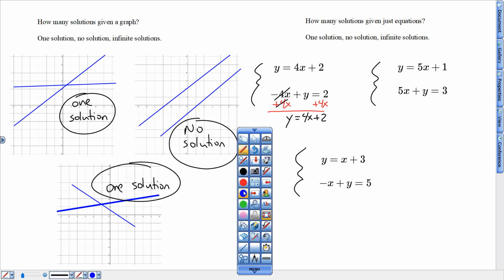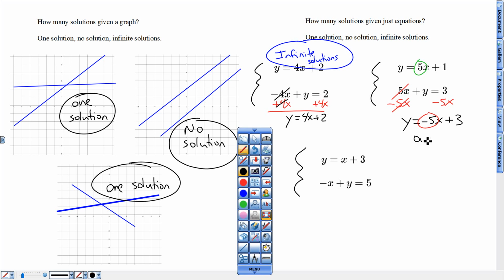That is an infinite solution situation. Same. All right, this one, when I take away 5x, that gives me y equals -5x plus 3. As soon as I see these numbers are different, that's a 1 solution.